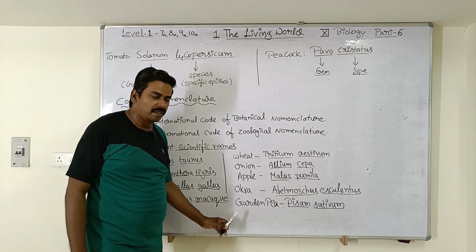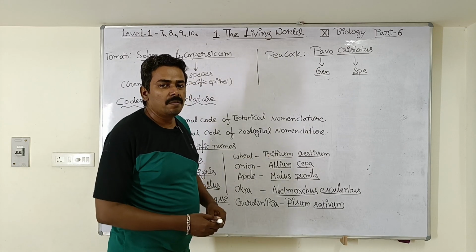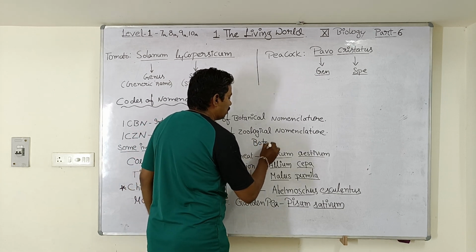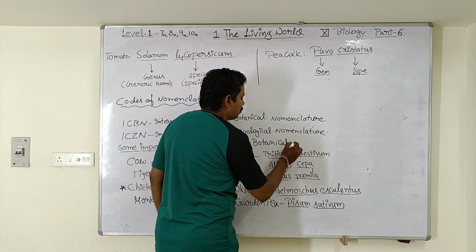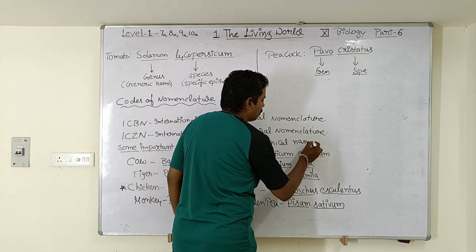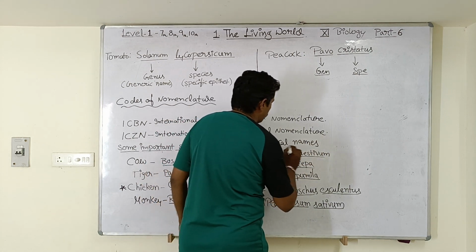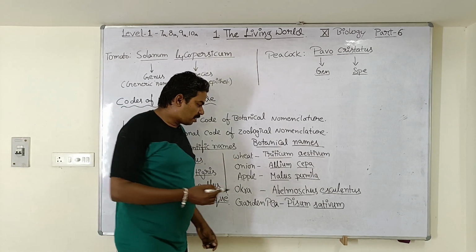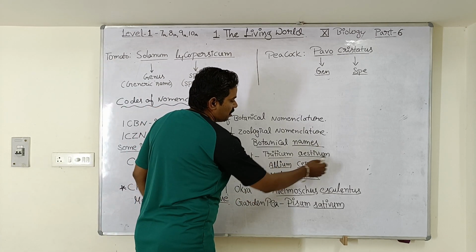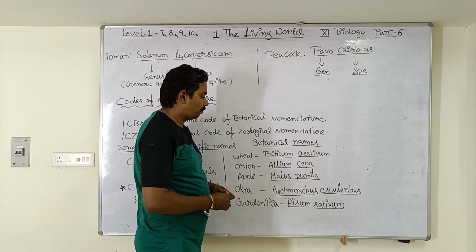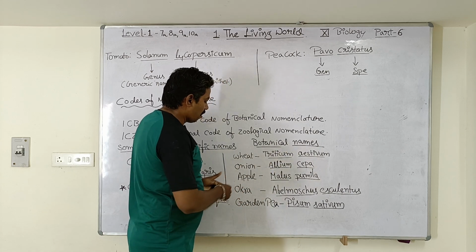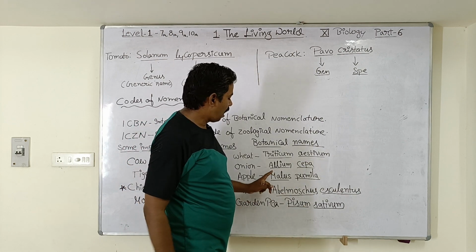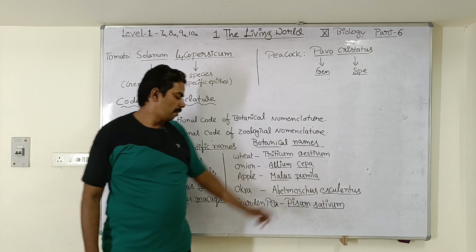Next, the scientific names of plants can also be called botanical names, students. Scientific name of wheat, Triticum aestivum. Onion, Allium cepa.